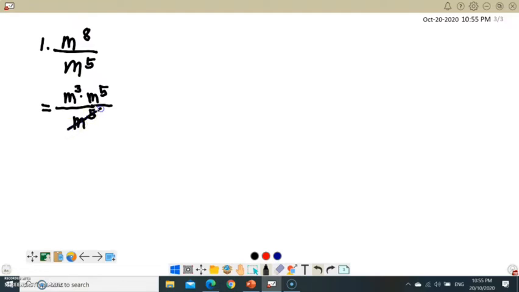So cancel m raised to 5 and m raised to 5. What is left here is 1, and here is 1 also. So m cubed multiplied by 1 is equal to m cubed. Then what is left on the denominator is 1. Then it is equal to m cubed. So the simplest form of m raised to 8 over m raised to 5 is m cubed.